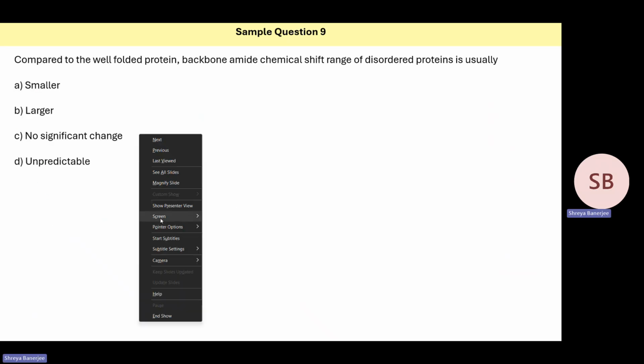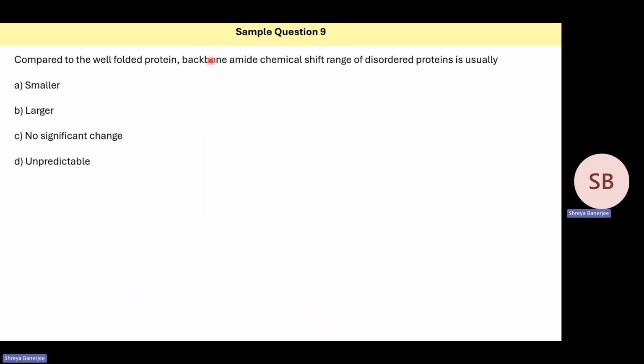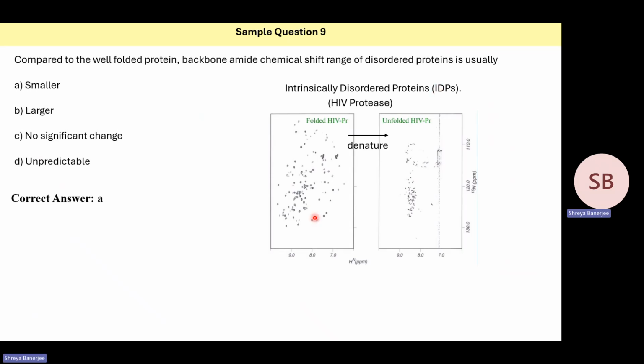Then it is asking, compared to the well-folded protein, backbone chemical shift range of disordered protein is usually what? We just saw a few questions ago, HIV protease is an example of an intrinsically disordered protein. The backbone chemical shift of the disordered protein, what happens to it? It becomes smaller.